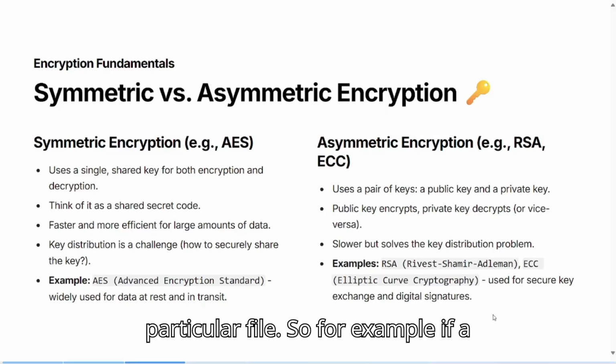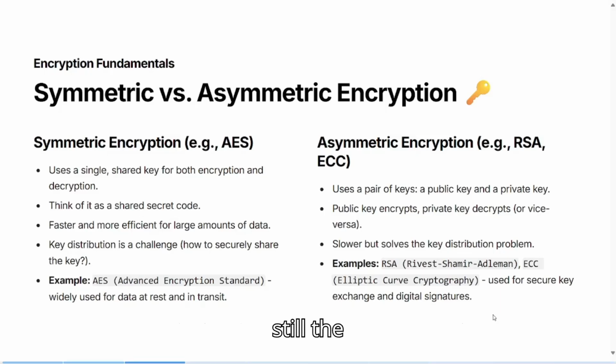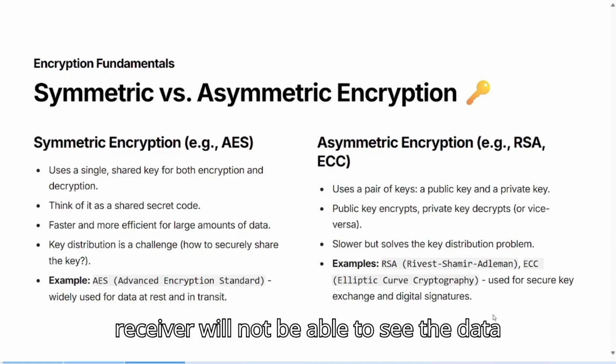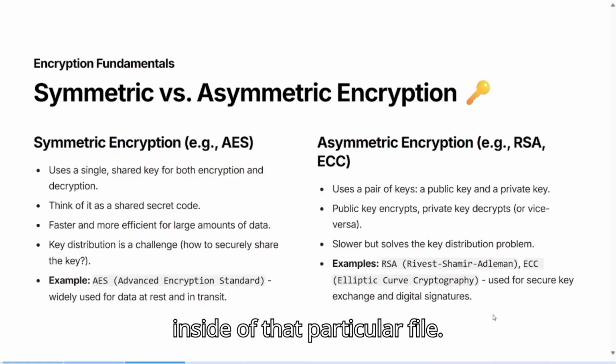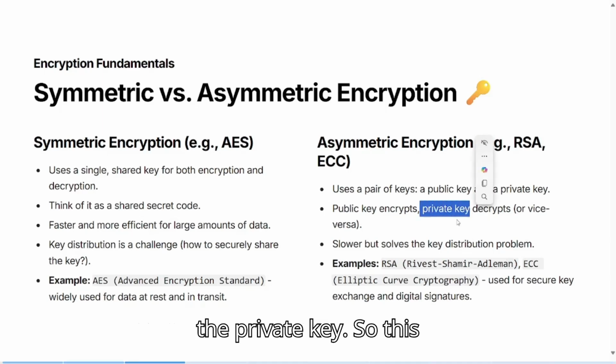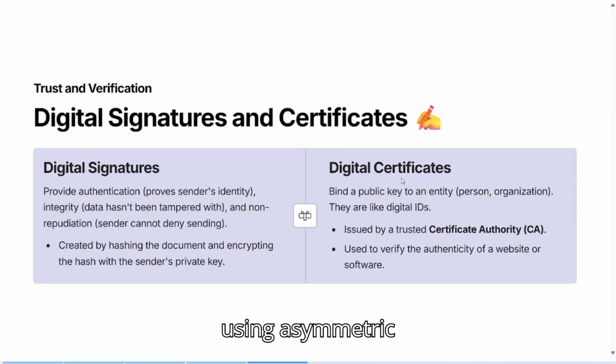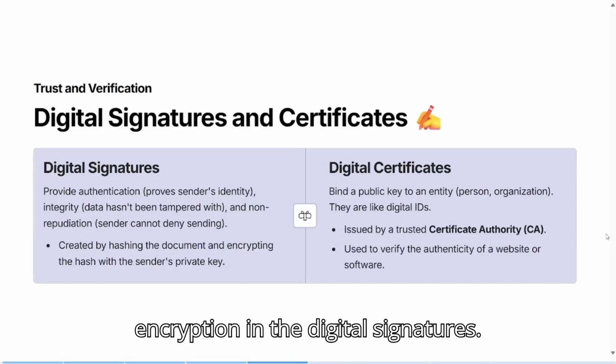If that file gets lost, the finder still will not be able to see the data inside it, because he will not have the private key. This is the main function of using asymmetric encryption in digital signatures.